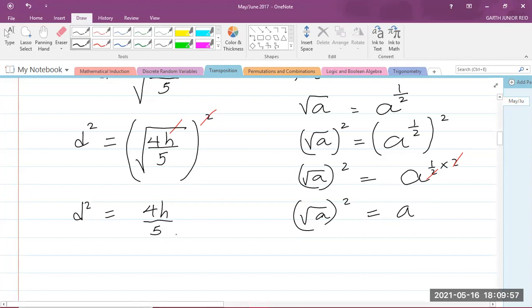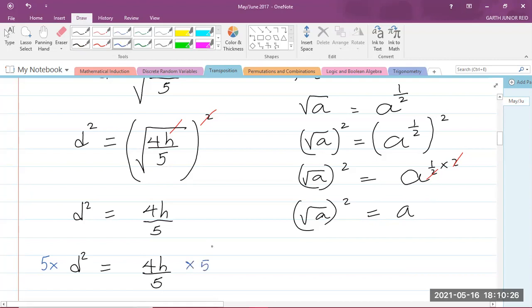So what will I have now? Remember, I want h. So what I'm now going to do is get rid of this 5 as the denominator. In order to do that, I will have to multiply both sides of the equation by 5. So 5 multiplied by d squared is equal to 4h divided by 5 multiplied by 5.